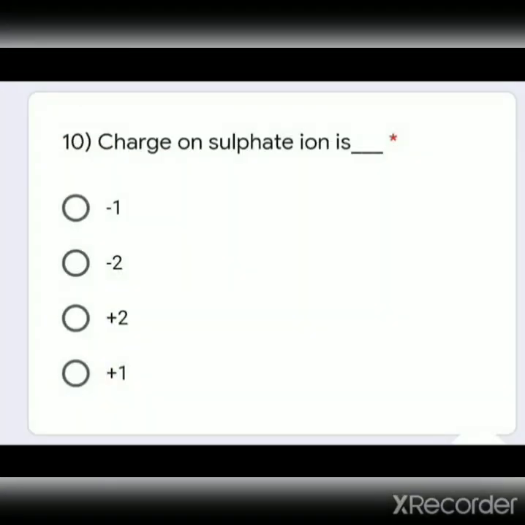Next, what is the charge on the sulphate ion? As I have given a list of ions to you and I told you to learn each ion, its name and its charge. A sulphate ion is quite familiar to you, that is SO4 2 negative.